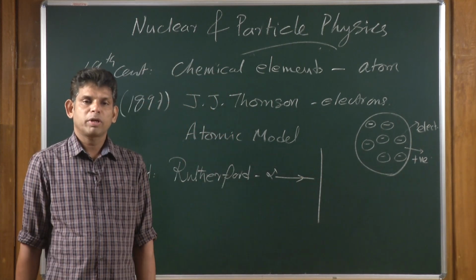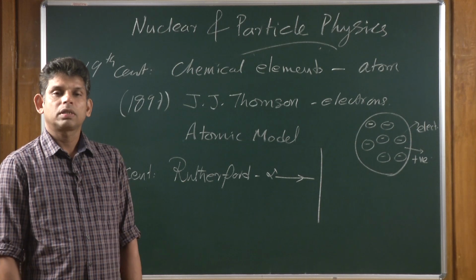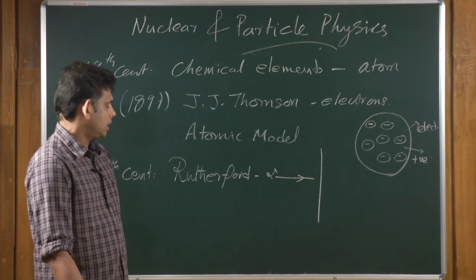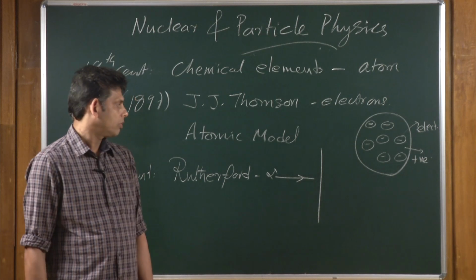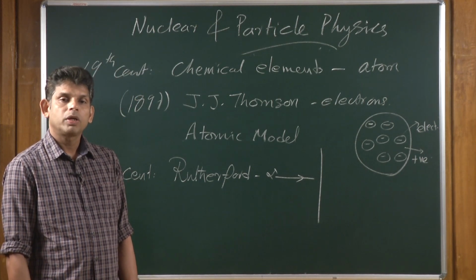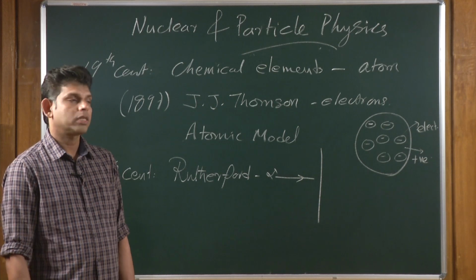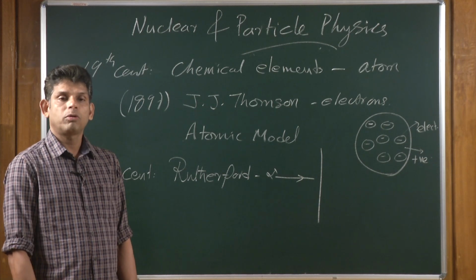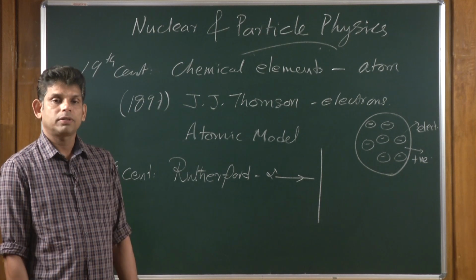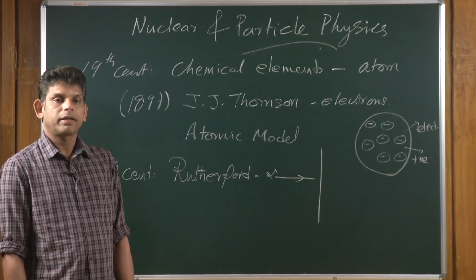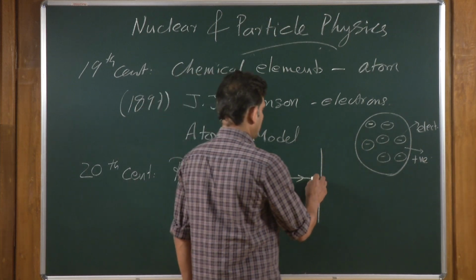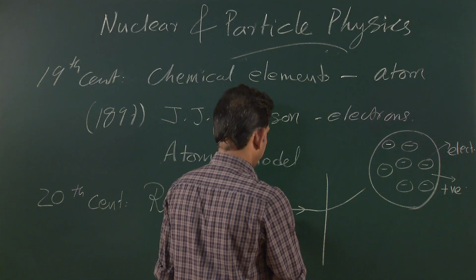If Thomson's atomic model was correct, the scattering of this alpha particle due to the positively charged uniform sphere atom would be kind of mild scattering.